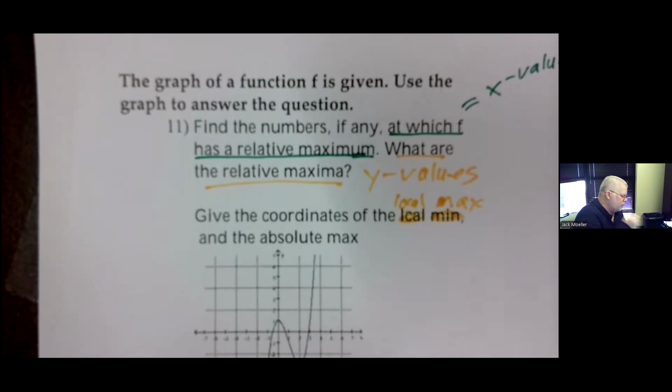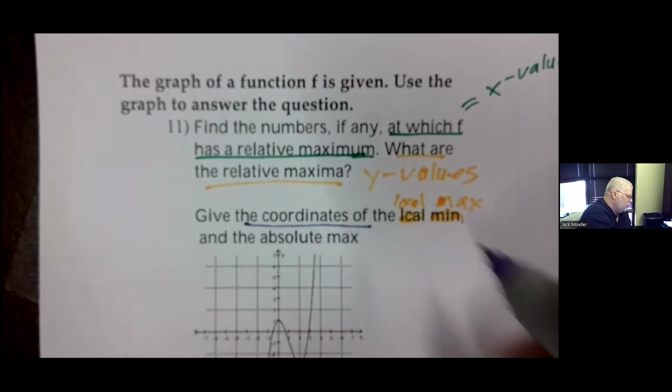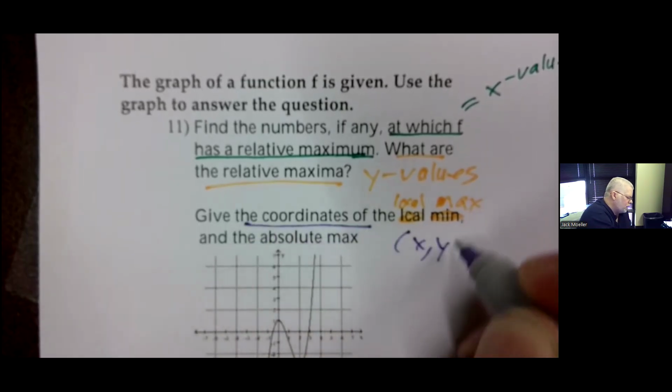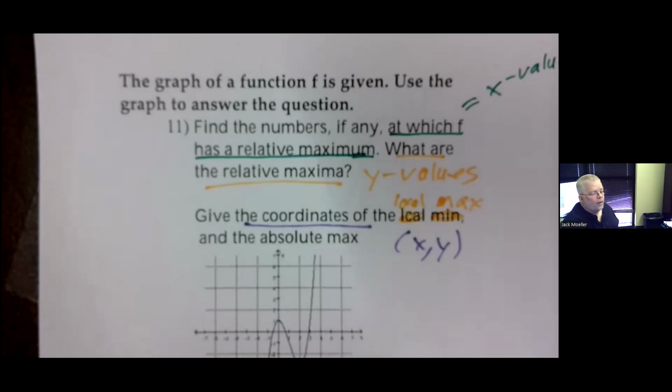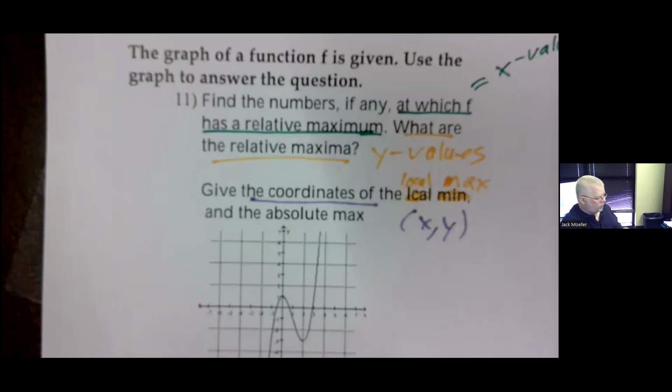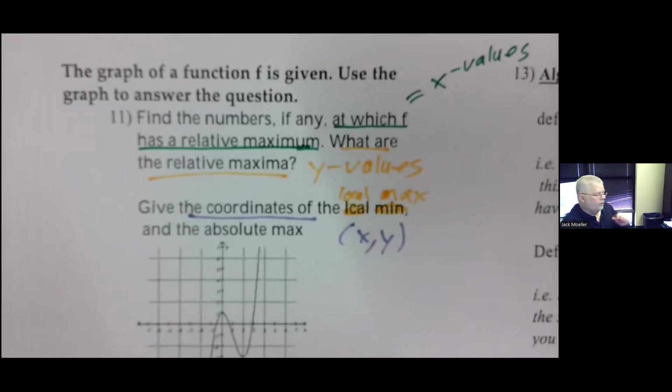Well, the coordinates are both x comma y. So when it says coordinates, we want the point. So you have to pay attention to how the question is worded, because first thing they want is the x values, second thing they want is the y values, third thing they want is both. And for this one, we're just talking about maxes, not mins.